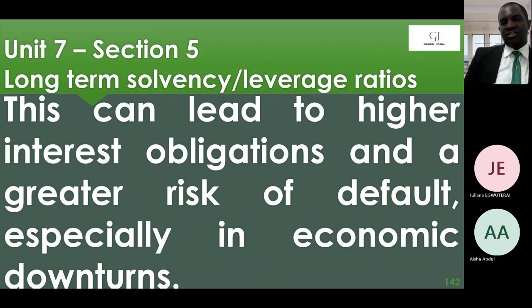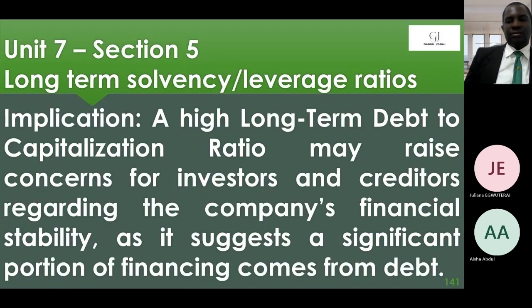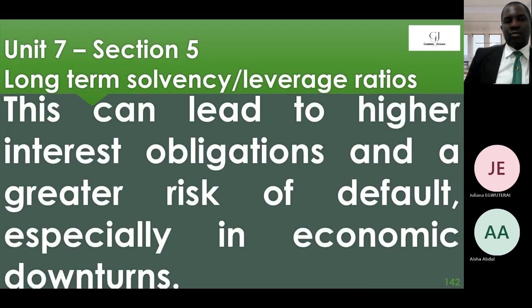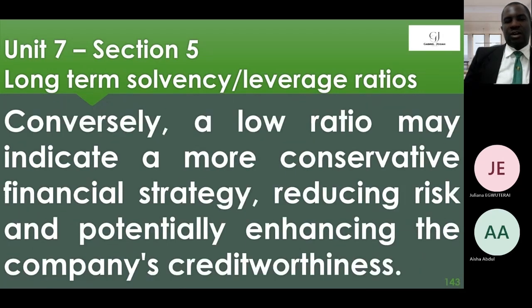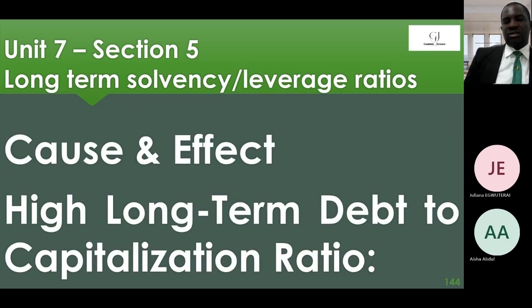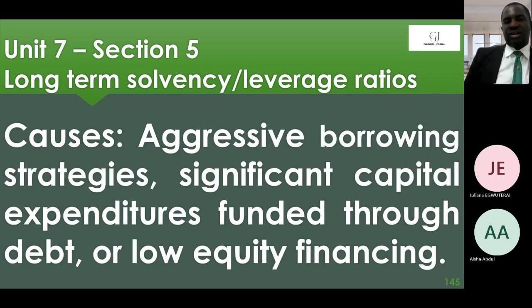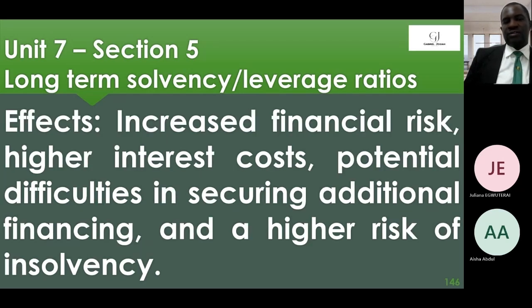A high ratio can lead to higher interest obligations and greater risk of default, especially in economic downturns. A low one indicates a more conservative financial strategy, or a balanced one like we saw, reducing risk and potentially enhancing the company's creditworthiness. So the cost of a high one: aggressive borrowing, significant capital expenditures, funding through debt, and lower equity financing.